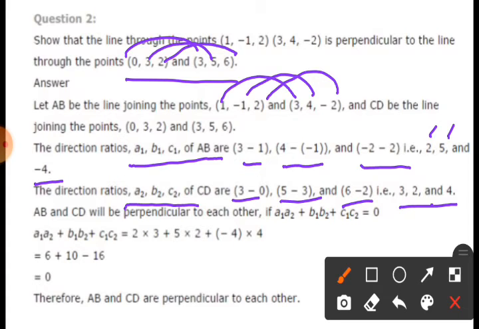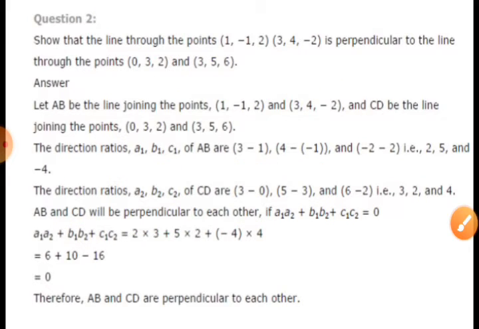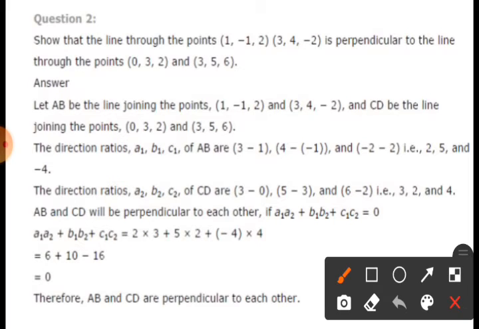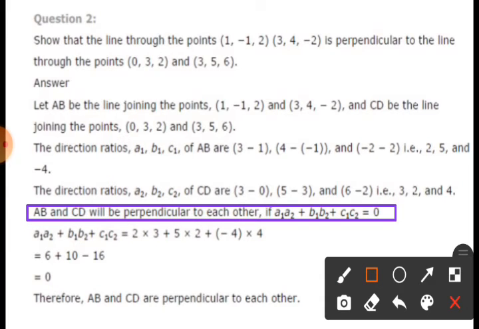AB and CD will be perpendicular to each other if a1 a2 plus b1 b2 plus c1 c2 is equal to 0.